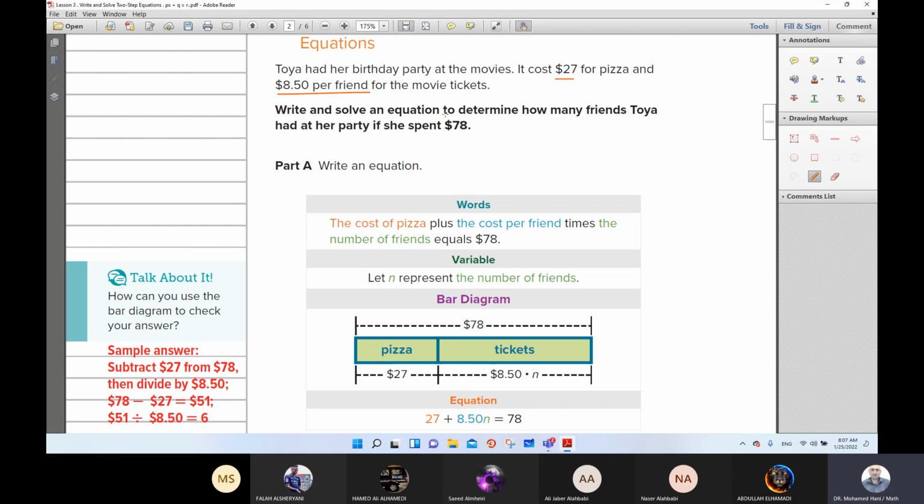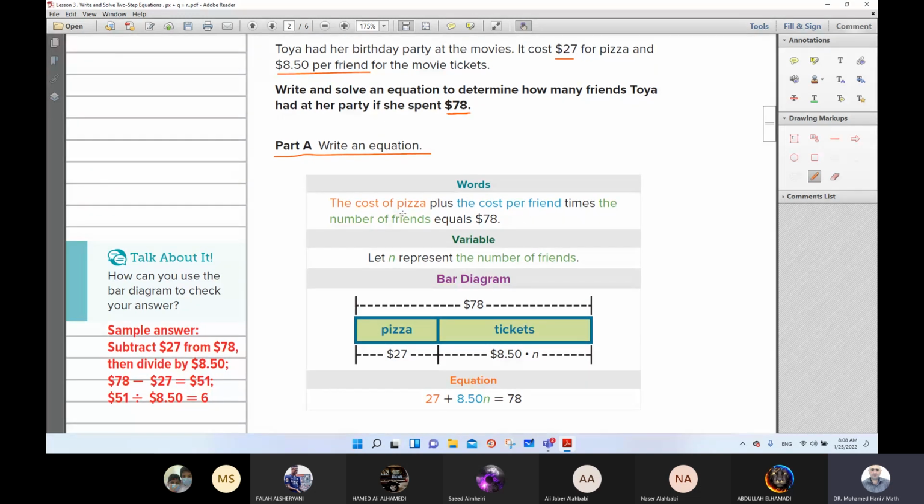Write and solve an equation to determine how many friends Toya had at her party if she spent $78. The first step, we want to write the equation. So, from the question, the cost of pizza plus the cost per friend times the number of friends equals 78.